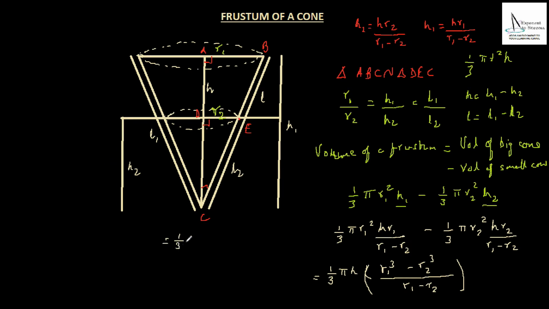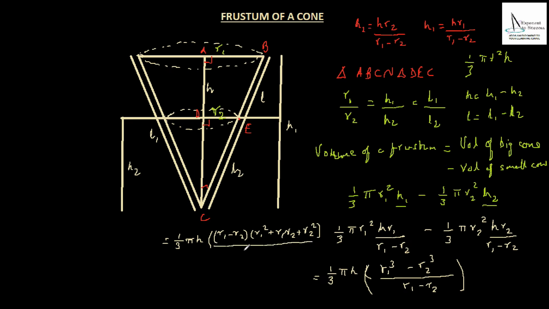So we get 1 by 3 pi h times r1 cube minus r2 cube. I can write it as r1 minus r2 times r1 square plus r1 r2 plus r2 square, and that's going to be whole divided by r1 minus r2.